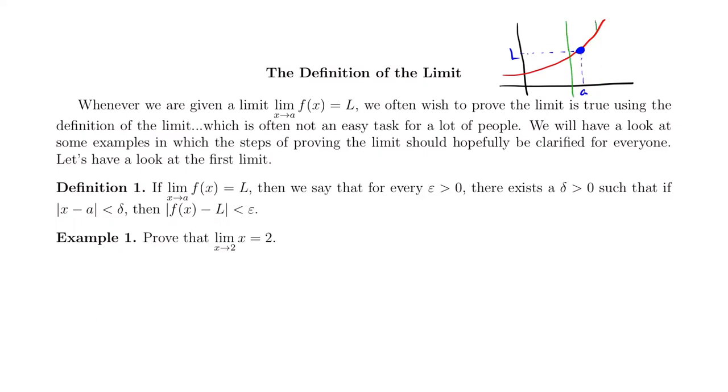So if we make delta arbitrarily small, here is a minus delta, and here's a plus delta. And same thing with the limit lines as well. On the y-axis, if we draw a line that goes above here, this is going to be L plus epsilon, L minus epsilon.